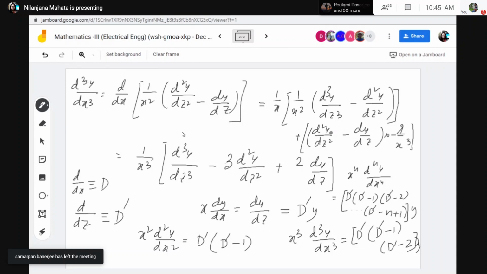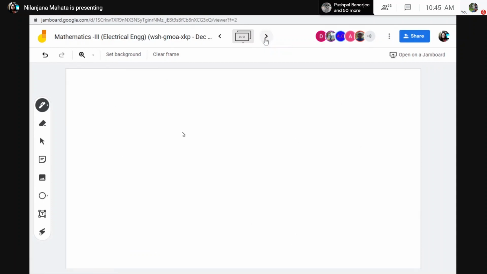Okay. So whatever equation we have got, now we can write this in terms of d dash, and we will find differential equations with constant coefficients, and we know how to solve those types of equations.